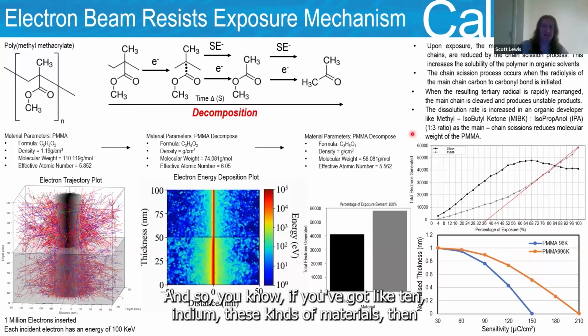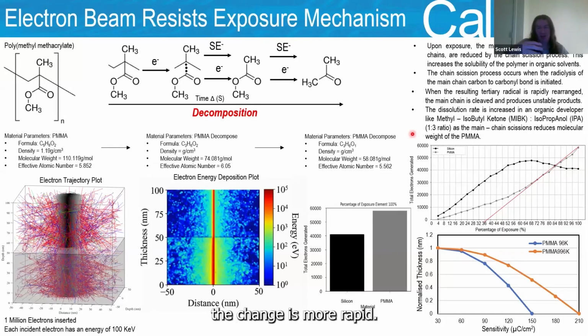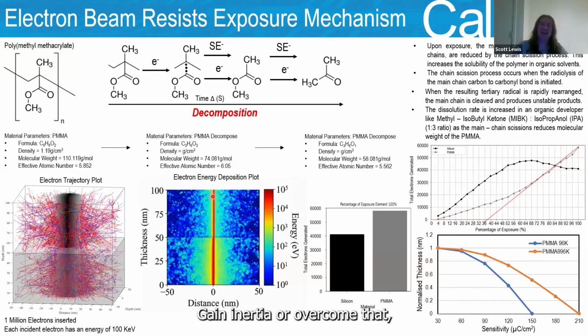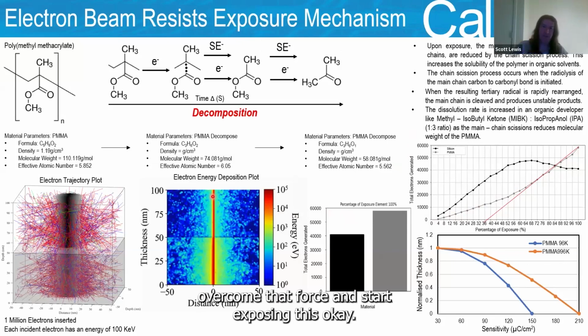If you've got tin and indium, these kinds of materials, then the change is more rapid. But as you can see, it all follows this. Not a lot happens at the start because it needs time to gain inertia or overcome that force and start exposing this.